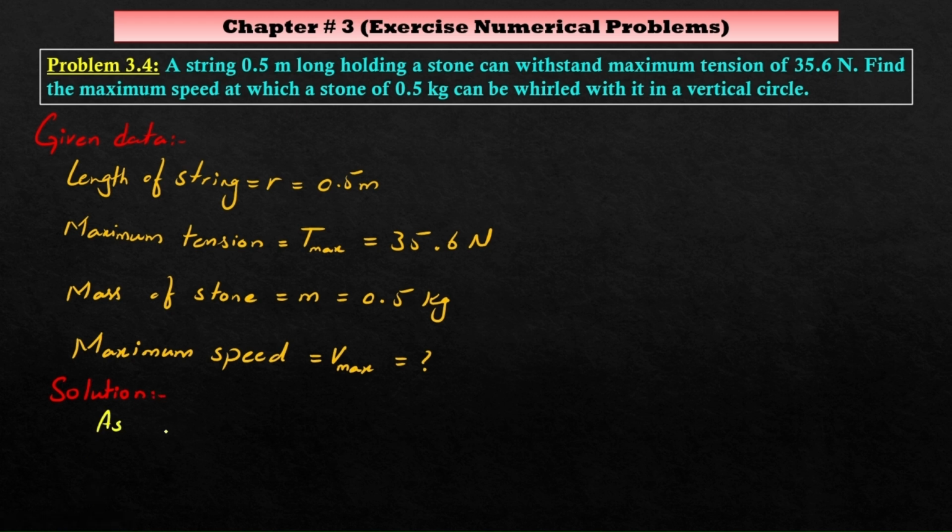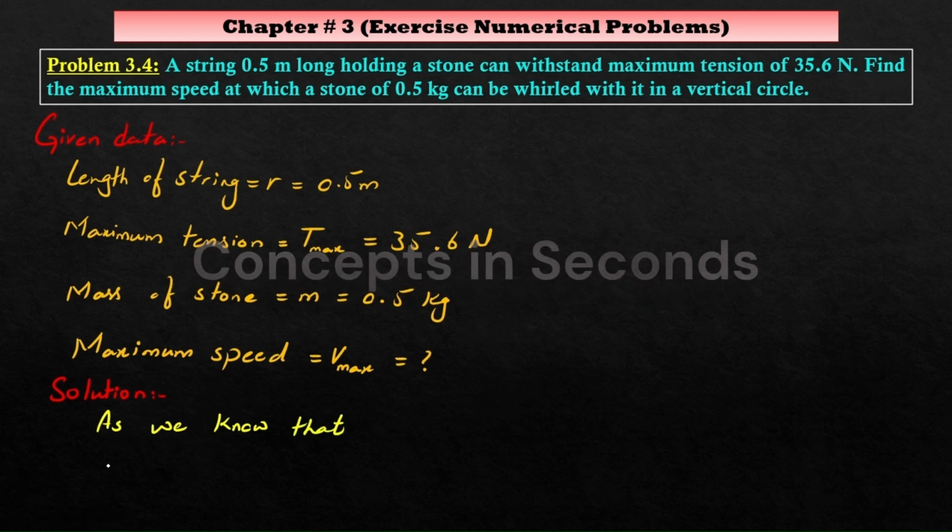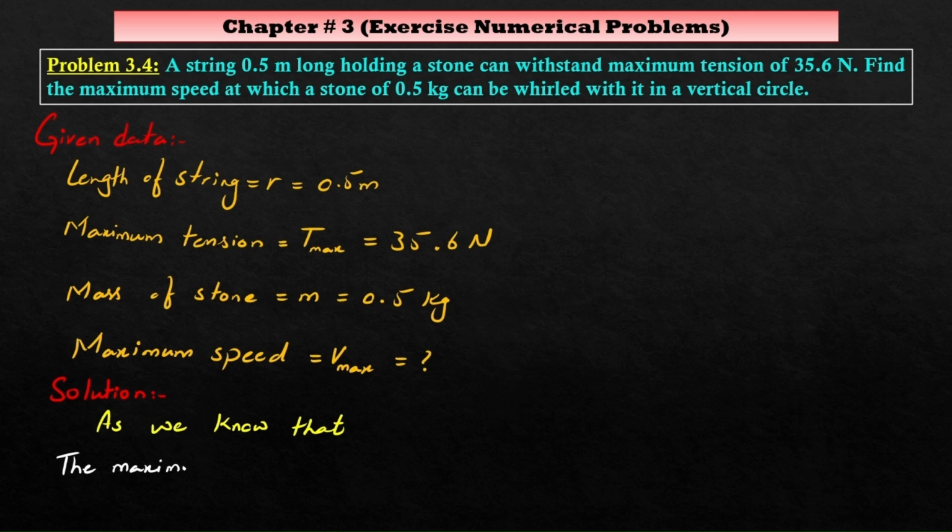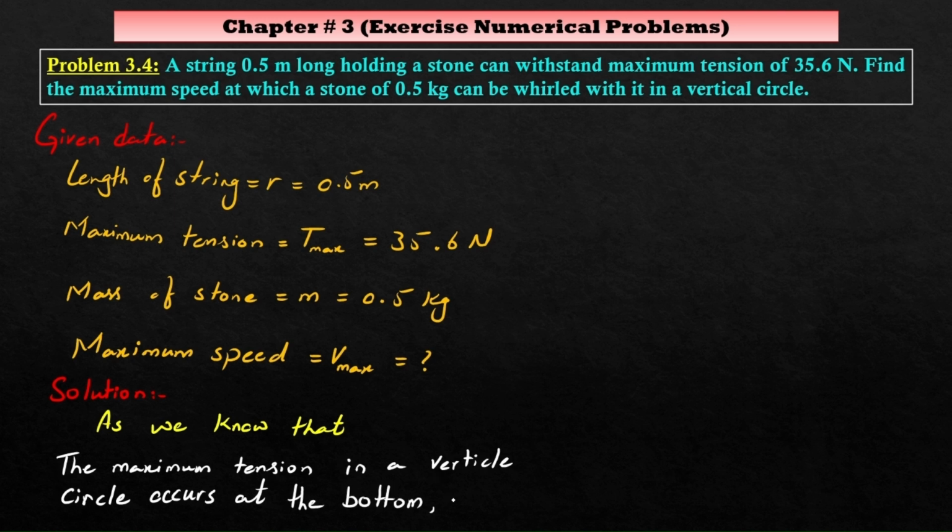Solution. As we know that the maximum tension in a vertical circle occurs at the bottom. So for a vertical loop, let's say this is the string and red color represents the stone.